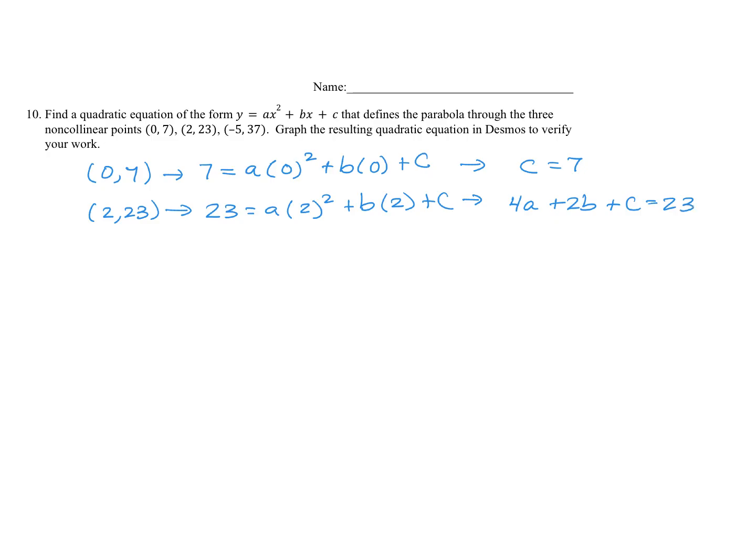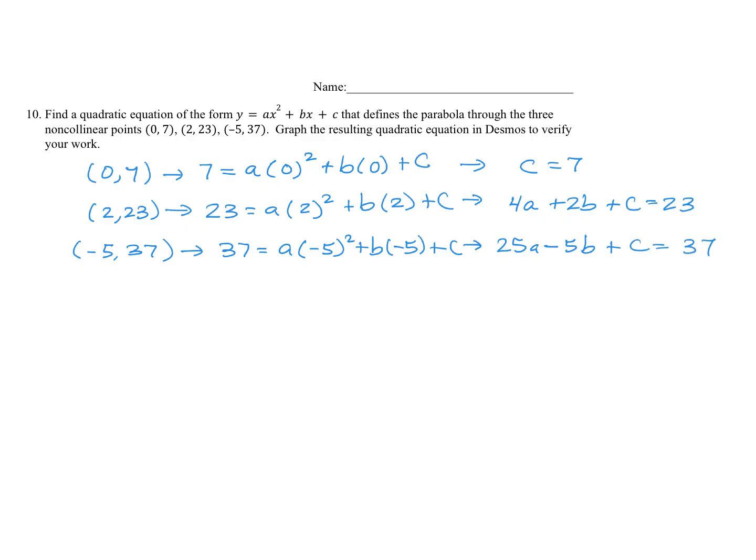And then finally for (-5, 37), same story. The y is 37, which is equal to a times -5 squared plus b times -5 plus c. And that gives us 25a minus 5b plus c equals 37.